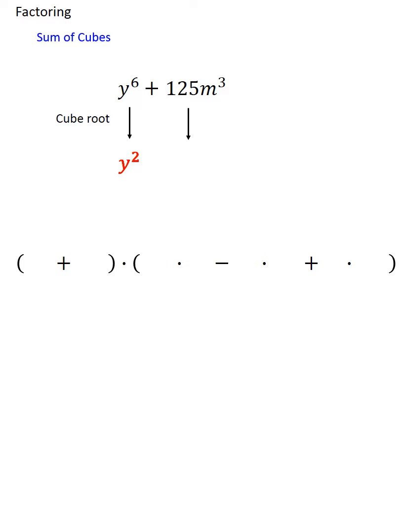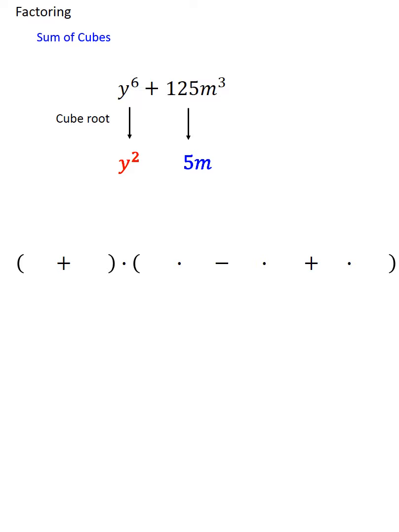Well, it takes a little guess and check sometimes. 125 may seem like a strangely placed number to you, but 125 is a very unique number because it's 5 times 5 times 5, if you were to work it out. And there's no way to know that other than just trial and error. But after enough thinking and guessing, you'll deduce that the cube root of 125m cubed is 5m. And you can imagine how 5m times 5m times 5m would equal that.